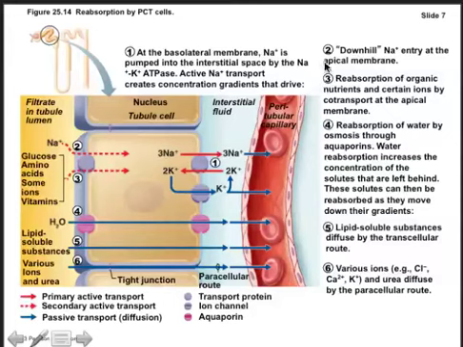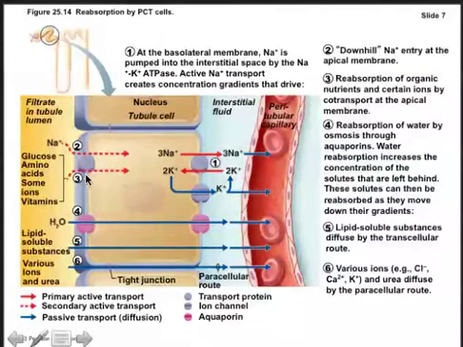Among these, downhill sodium entry at the apical membrane. Again, this is a result of movement down a concentration gradient from the filtrate into the cytoplasm of the epithelia that lines the tubule. It also drives reabsorption of organic nutrients and certain ions by co-transport at the apical membrane.